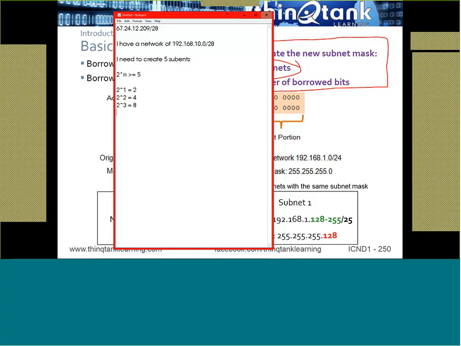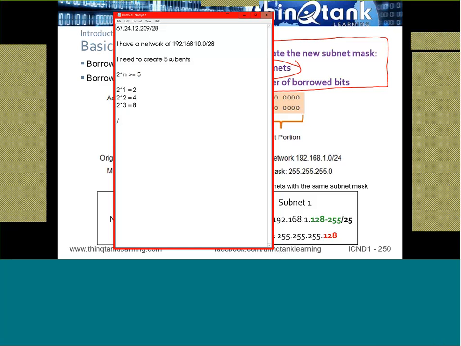Every single one of those exponents is simply the number of bits that I'm stealing. The first one represents stealing 1 bit, but that's only going to create 2 subnets. If I steal 2 bits, that will create 4 subnets. If I steal 3 bits, that's going to create 8 subnets, which means my new mask is /what?